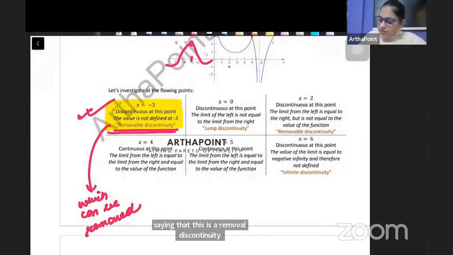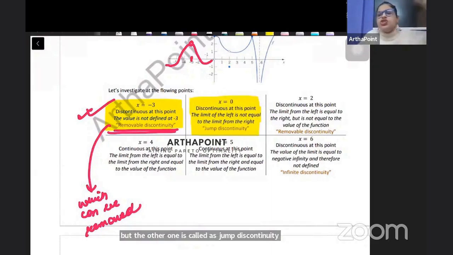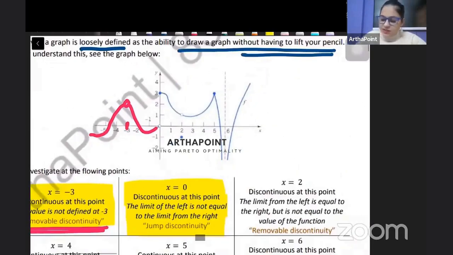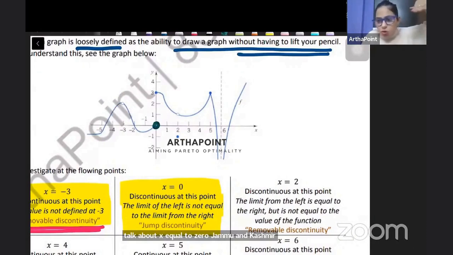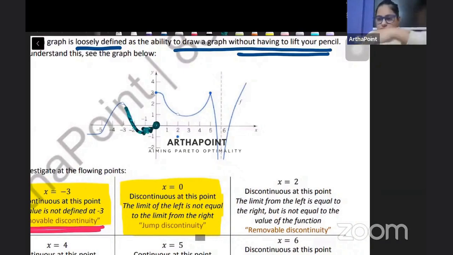But the other one is called jump discontinuity. Jump means at that point your function is taking a jump. For example, come back to this diagram and see what happens when I talk about x equal to 0. When we talk about x equal to 0, this is 0. Yes, when we are approaching 0 from the left hand side, I am going towards 0, 0, 0, 0, 0.